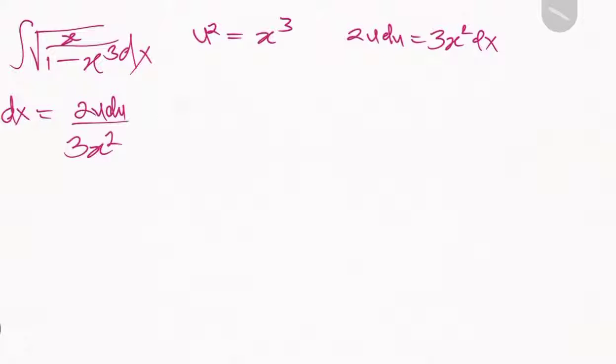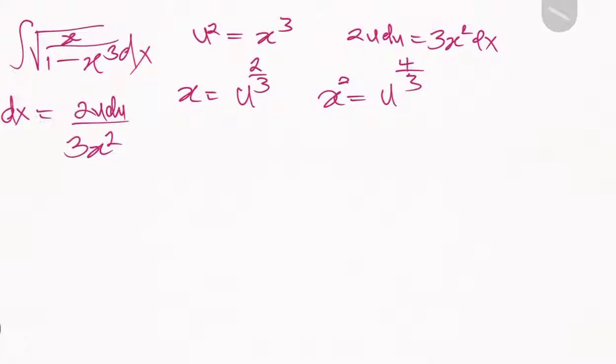First, what is x from here? Taking the cube root of both sides, you have x equal to u raised to power 2/3. So squaring both sides, x squared is equal to u raised to power 4/3.